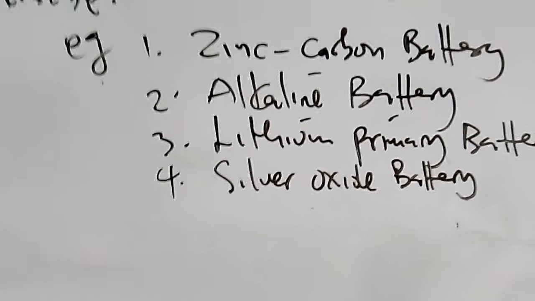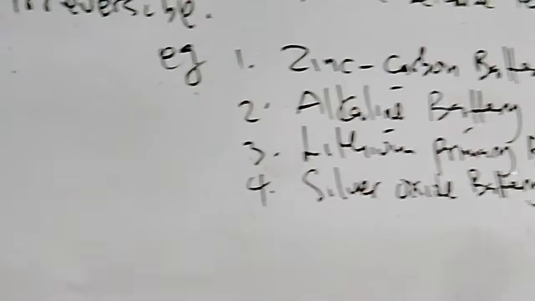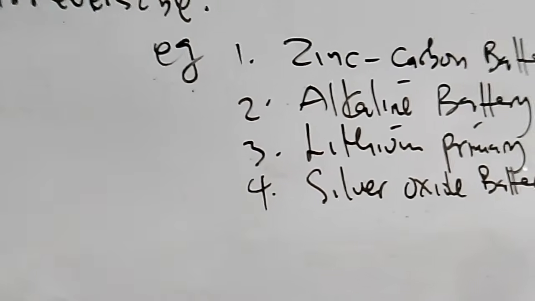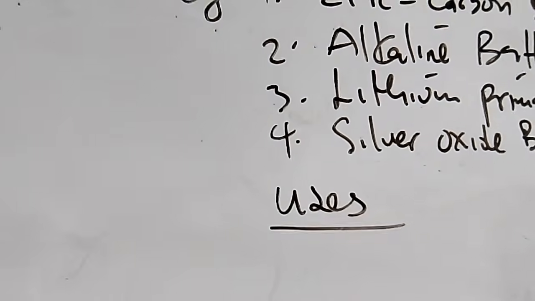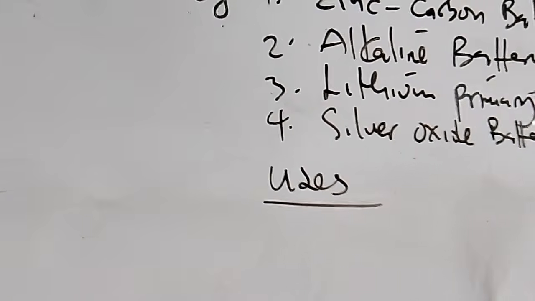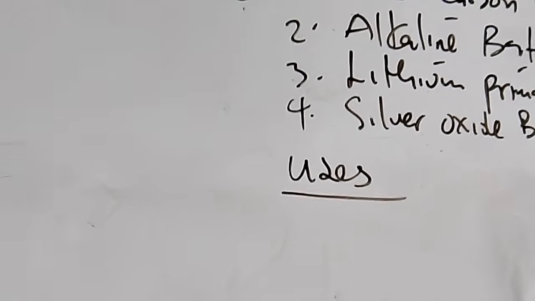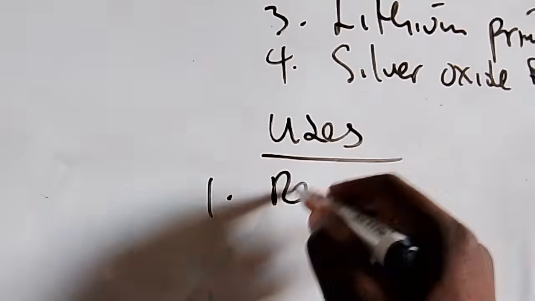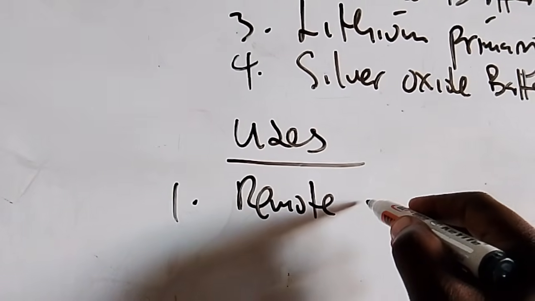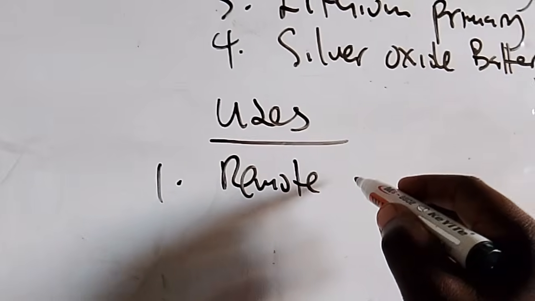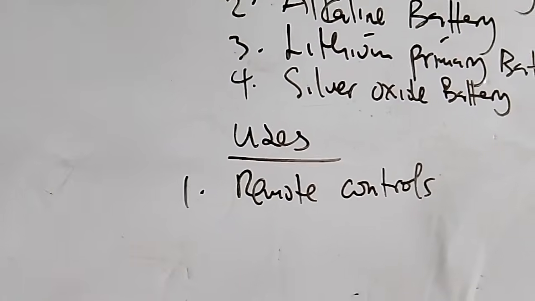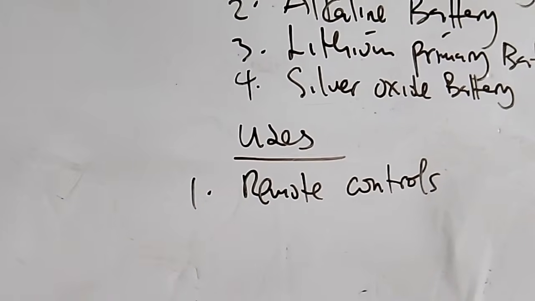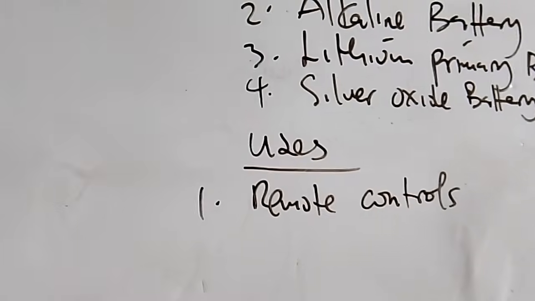Okay, now we can look at the uses. What are some of the uses of these batteries? We find their use in remote controls. Of course, you don't recharge those batteries you use in remote controls.